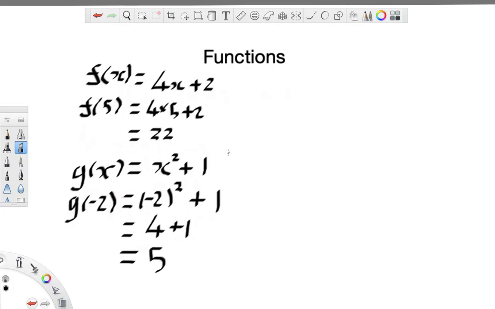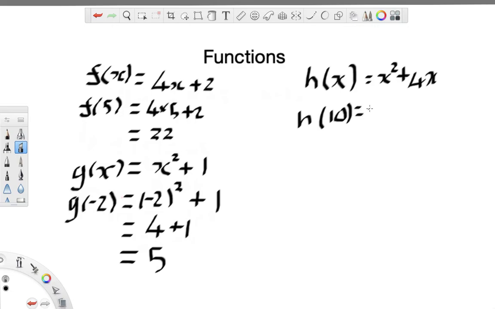Again, we don't have to have f or g, we could have another letter, so we could have h. So we could have h of x, and that could be equal to x squared plus 4x. So if we wanted to find out what h of 10 was, for example, we'd just substitute 10 in place of x.